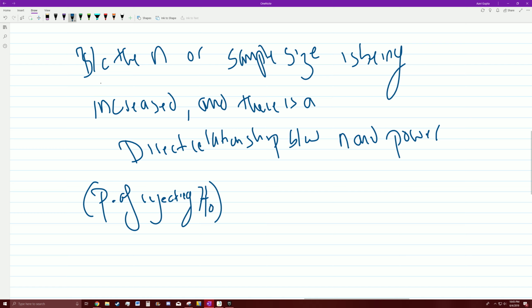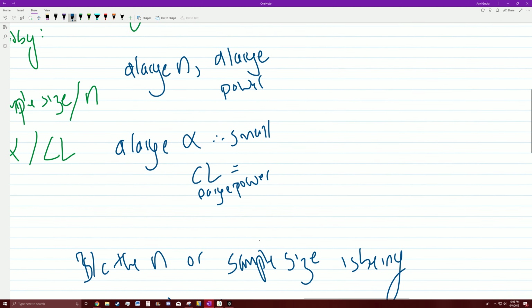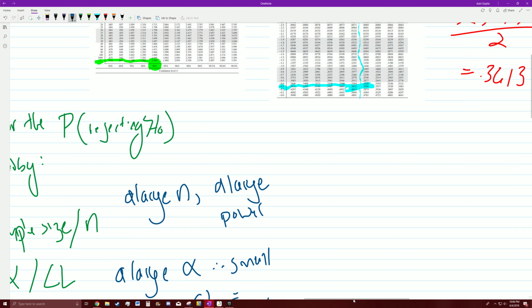So because the N or sample size is being increased, and there's a direct relationship between N and power, the probability of rejecting null, increasing N increases the power, or probability of rejecting the null, because that's how they word it in the question. You always want to word it in the way they do.